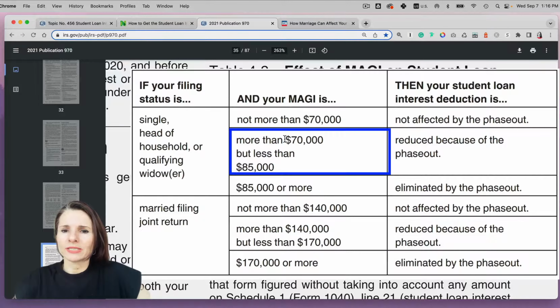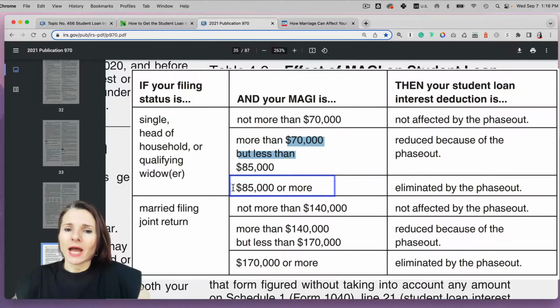If you make between $70,000 and $85,000, there are some phase-outs, so the deduction won't be the full $2,500. It will be reduced slowly based on how much money you make. After $85,000, if you are single, head of household, or qualifying widower, all of it is eliminated. So if you make more than $85,000, you won't be able to deduct that student loan interest.